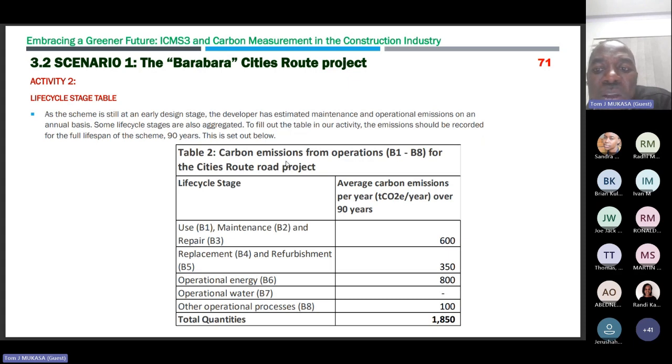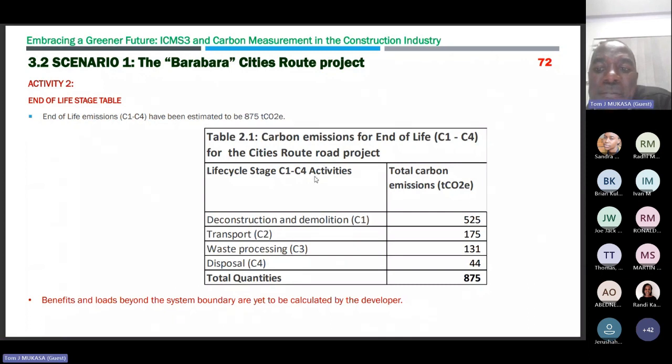From there, we go and look at the B items, B1 to B8, the user, maintenance and repair. Then we have replacement and refurbishment, operational energy, operational water, and then other processes. And then we add that up. From there, we go and look at the end of life. That is the deconstruction and demolitions, which could involve some transportation and waste processing and disposal.